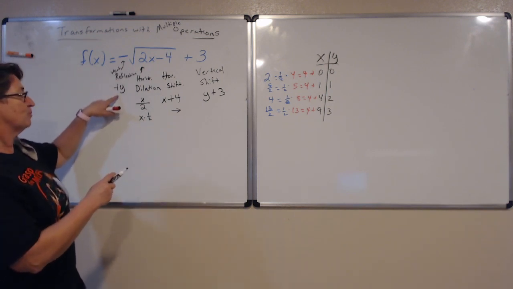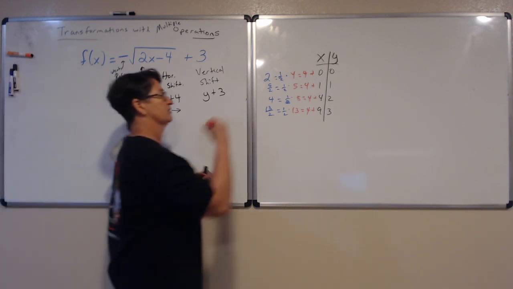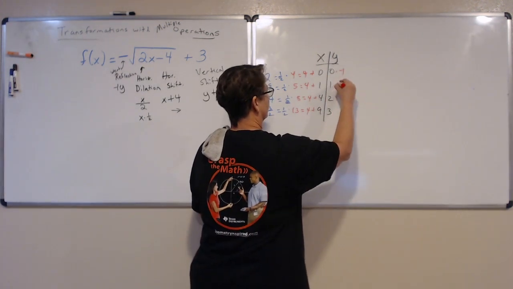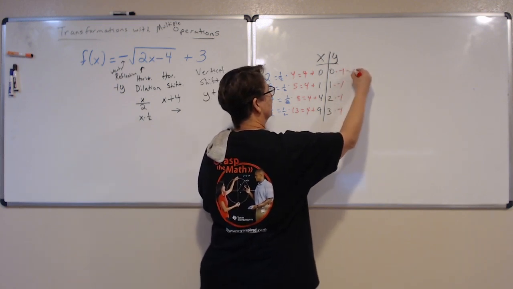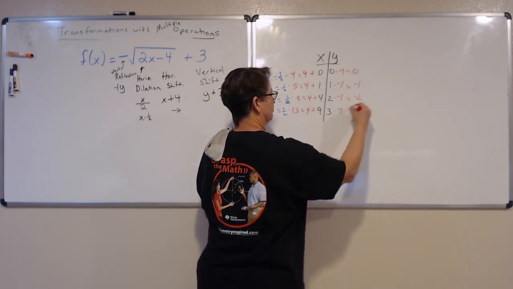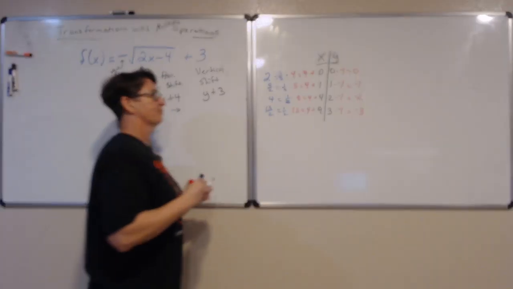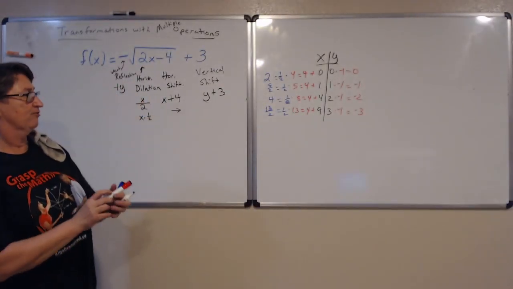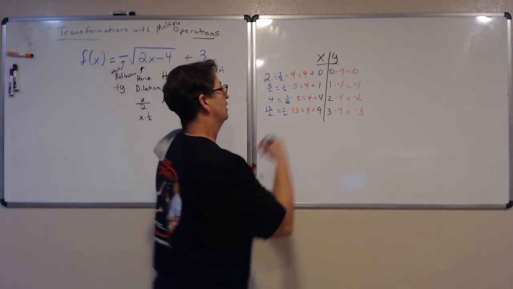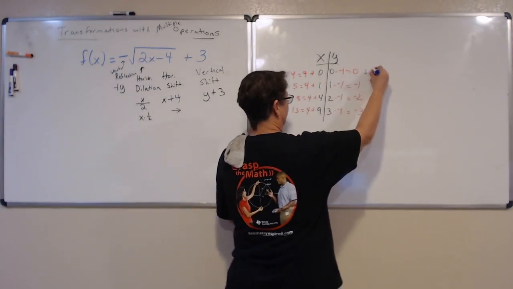So I'm going to multiply it by a -1 first. So 0, -1, -2, and -3. And then I'm going to add 3 to all of them. So multiplication and then addition.